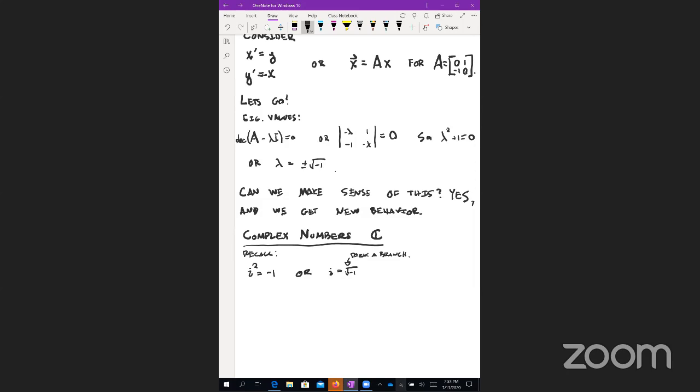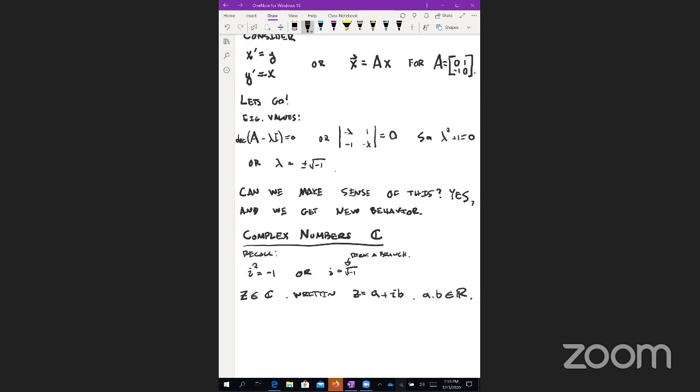We're not going to worry about that too much. So a number z in the complex numbers can be written as z equals a plus ib for a and b in the real numbers.